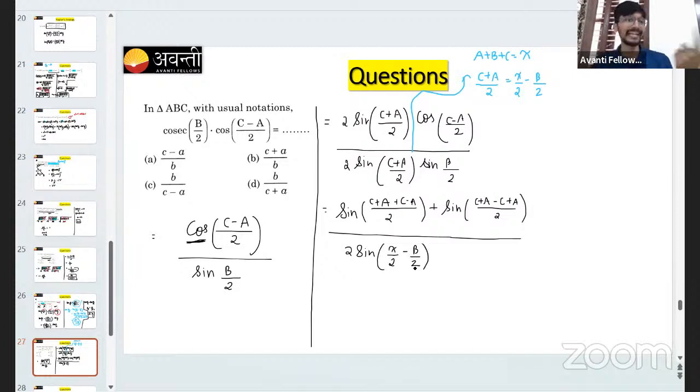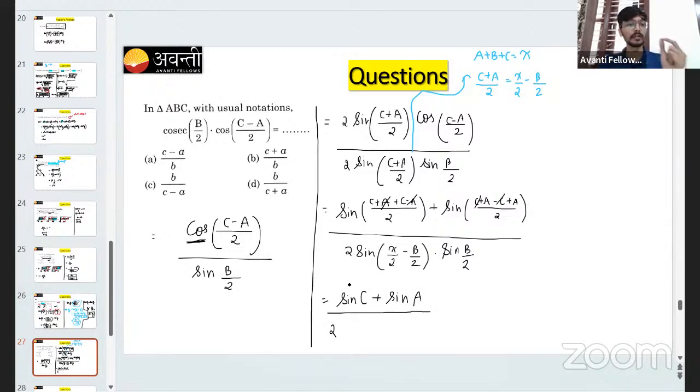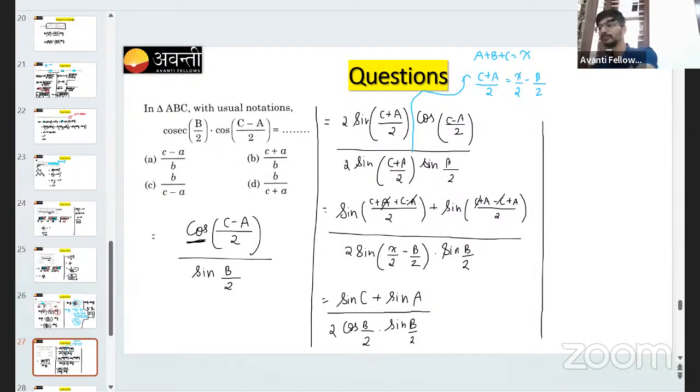We have done this last week, when we were doing Trigonometry in Triangle Phase 1. Times sin b/2. Now in the numerator a cancels, c plus c is 2c, and the 2 cancels. So basically I got sin c plus sin a upon, this I can write by using allied angles as cos b/2 into sin b/2. Now the denominator is the sin 2 theta formula, 2 sin theta cos theta.